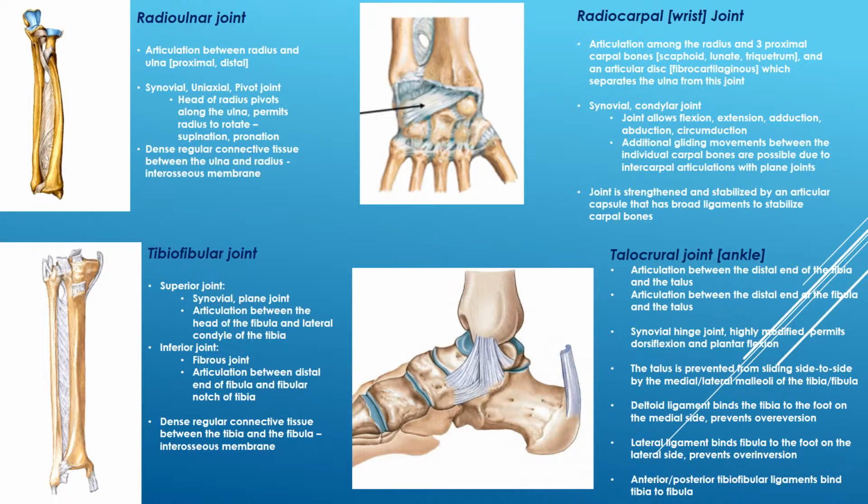In the radiocarpal joint, we have a synovial condylar joint. It is stabilized by an articular capsule with very broad ligaments. The ankle joint is a hinge joint that is very highly modified. It has various lateral and medial ligaments to secure the foot to the tibia and the fibula.